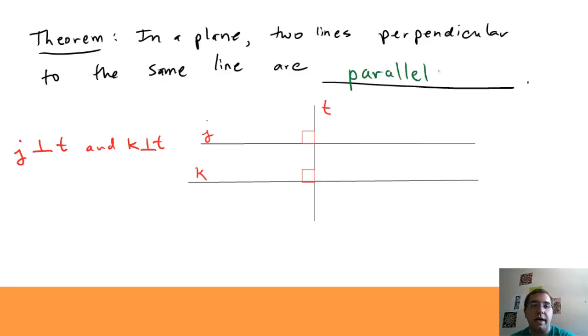It's just a special case of corresponding angles being congruent if those angles happen to be right angles, so the lines are perpendicular. So if two lines are perpendicular to the same line, then those lines are parallel. So if J is perpendicular to T and K is perpendicular to T, then J is parallel to K. They're both perpendicular to the same line.